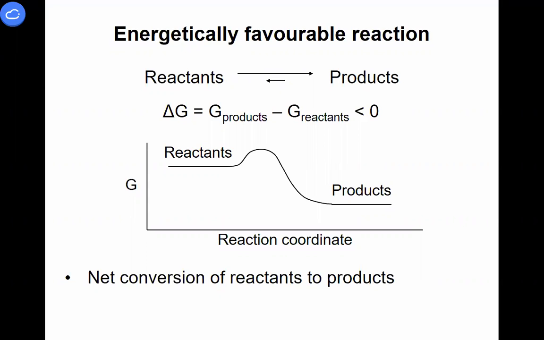So in a net sense, if you consider both directions and add them up, so to speak, you do get net conversion of reactants to products. This is a spontaneous reaction. Now, the Gibbs free energy of the reactants and products depends in part on their concentrations. That's one of the environmental conditions that influences the Gibbs free energy.